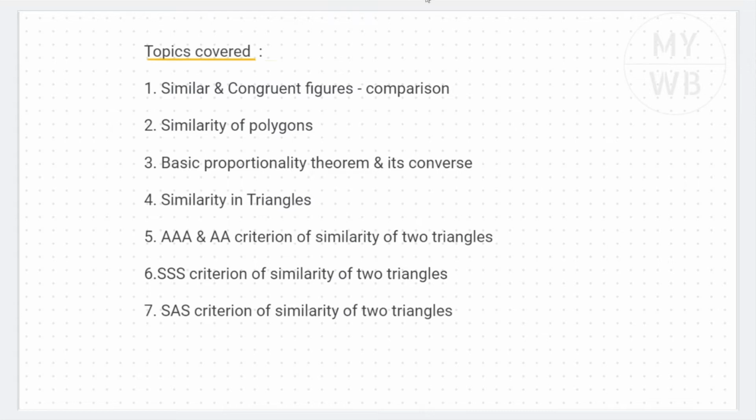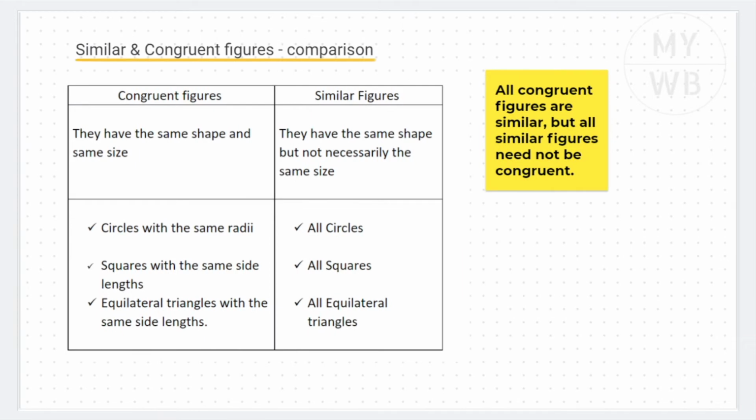So this is part 1, and the topics covered will be comparison of similar and congruent figures, similarity of polygons, basic proportionality theorem or Thales theorem and its converse, similarity in triangles, angle angle or AA criterion of similarity, SSS, that is side side side criterion, and side angle side criterion. So let's get started. Similar and congruent figures comparison.